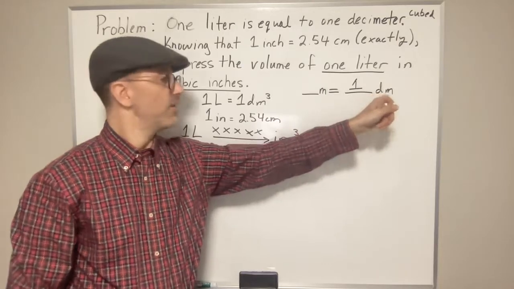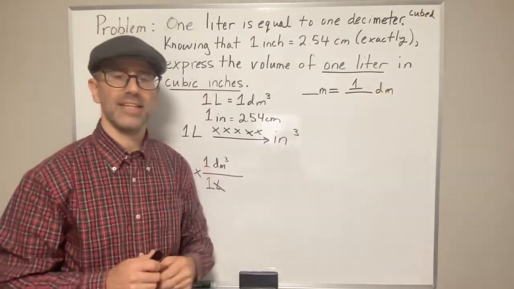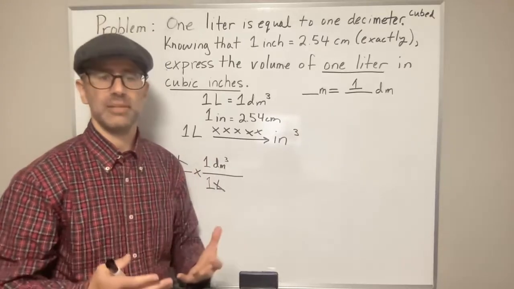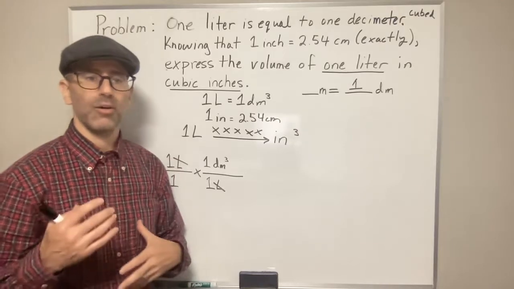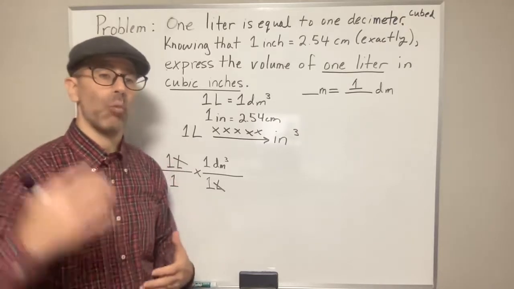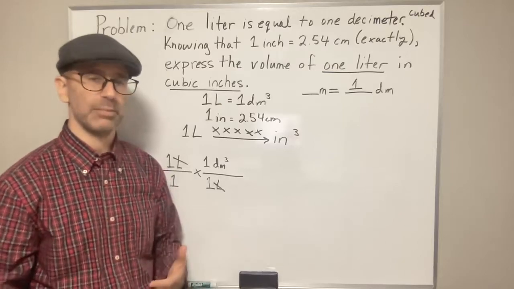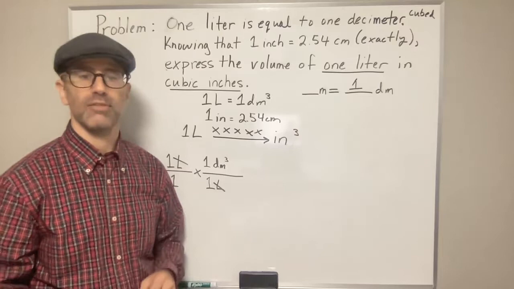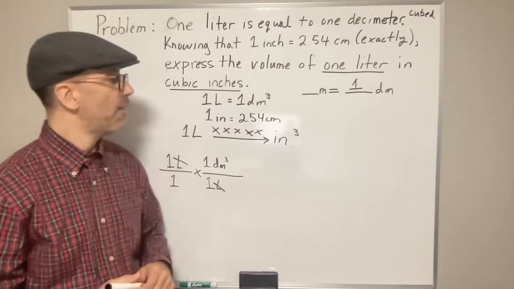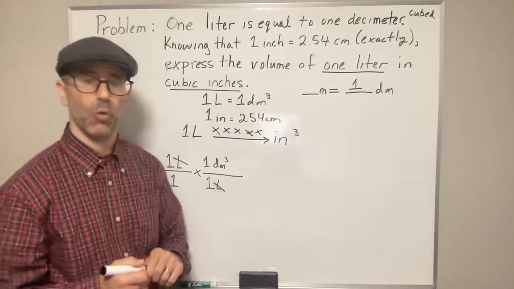This is important. If you can't remember decimeter, remember decimate. If you decimate a city, decimate literally means you kill off 1/10 of the population. So if a city or country is decimated, you've killed off 10% or 1/10 of the country. So that's 1 over 10 or 10 to the negative 1.